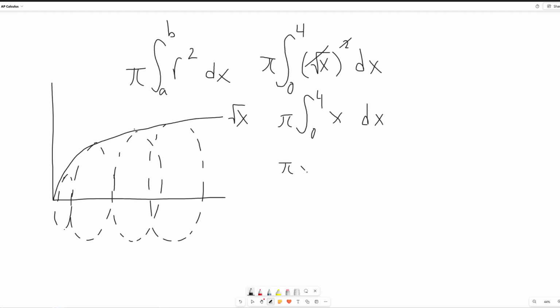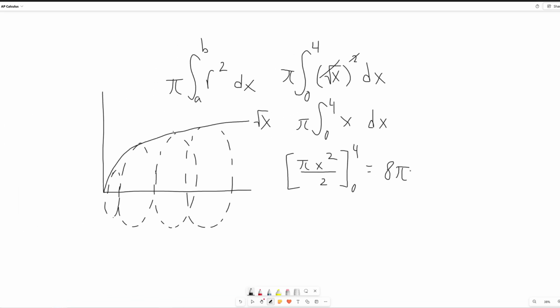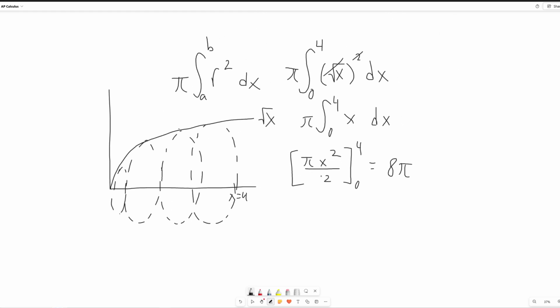Then you end up getting pi x squared over 2 between 0 and 4, which ends up giving you 8 pi. So what this is saying is that the volume, if you rotate square root of x between 0 and x equals 4, so this area right here, if you rotate this function around the x-axis and find the volume of that shape, it's going to be 8 pi.